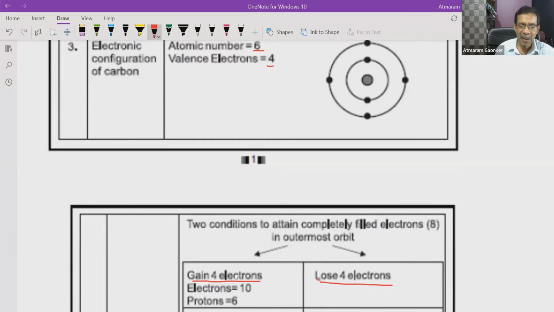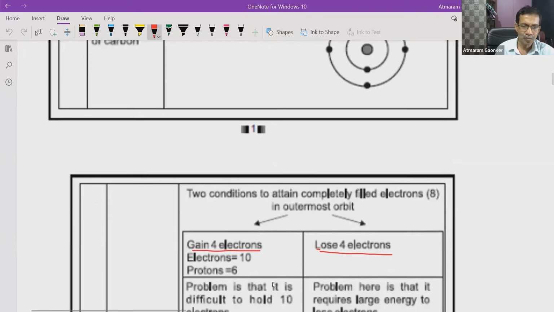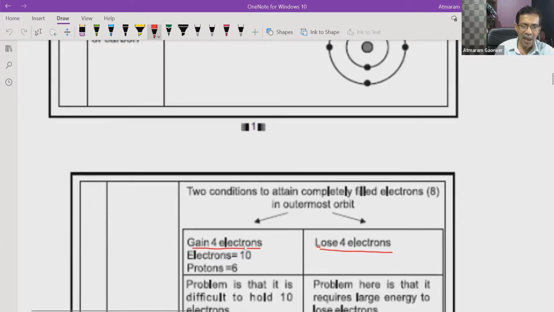But there are difficulties in both these things. What are the difficulties? If it gains 4 electrons, the total number of electrons will become 10. Electrons are negatively charged particles, and protons are only 6, which are positively charged.